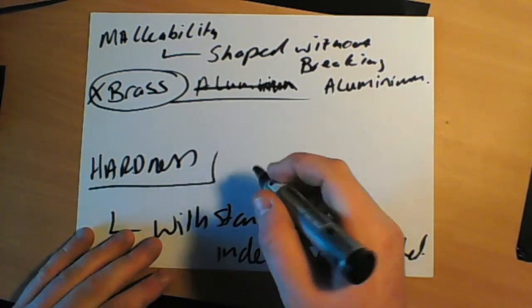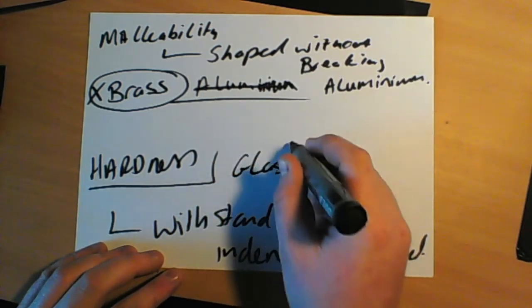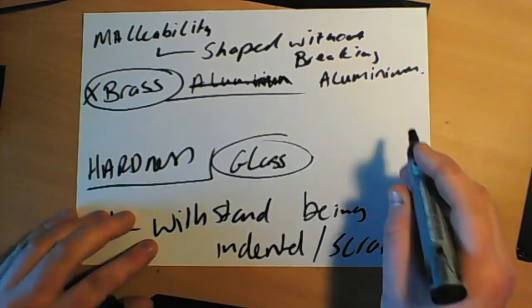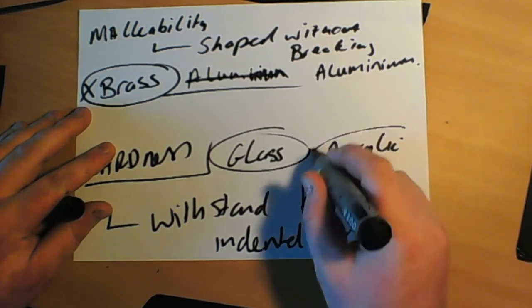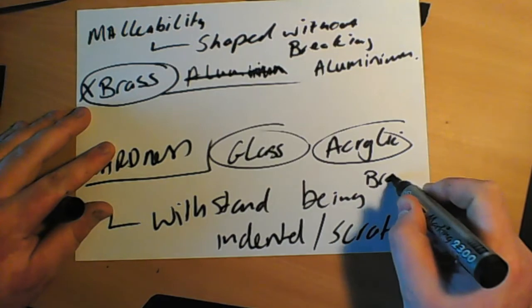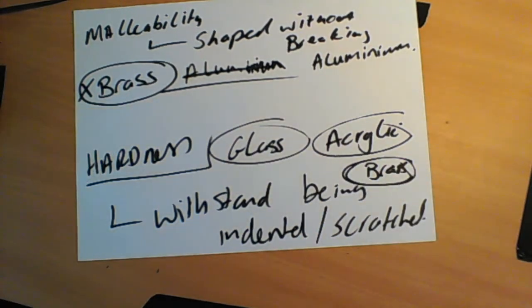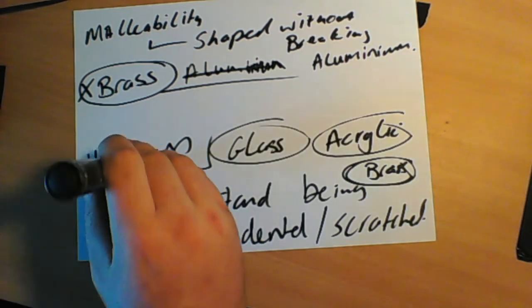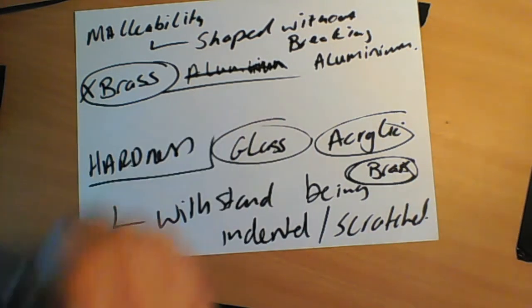Think about trying to scratch the likes of glass. Glass is a hard material. Even the acrylic is quite hard. Brass, if you try and dot punch brass, is quite a hard material compared to the likes of aluminium, copper, tin. All these ones are in no way hard at all.